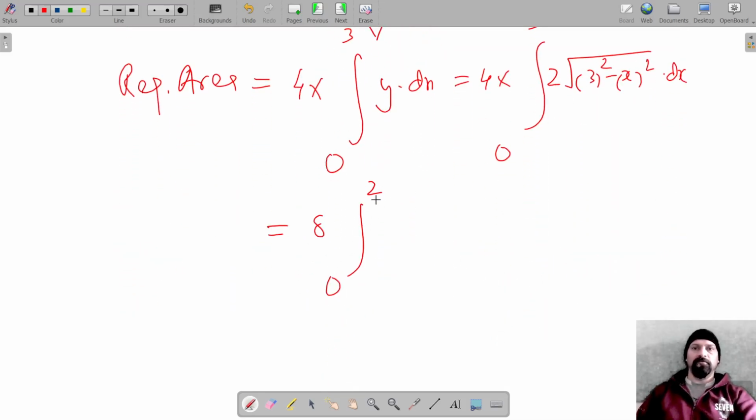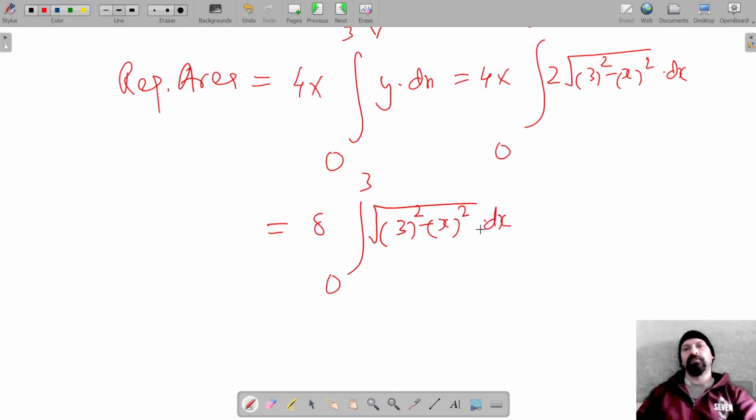So we are left with the integral from 0 to 3, and the integration of this is of the form square root of a squared minus x squared dx.